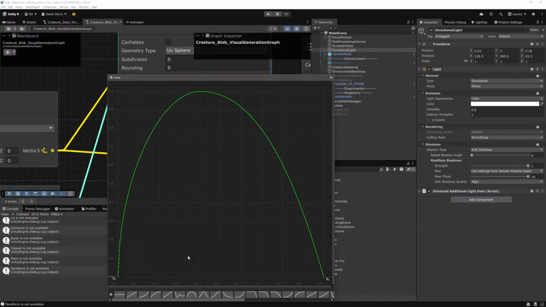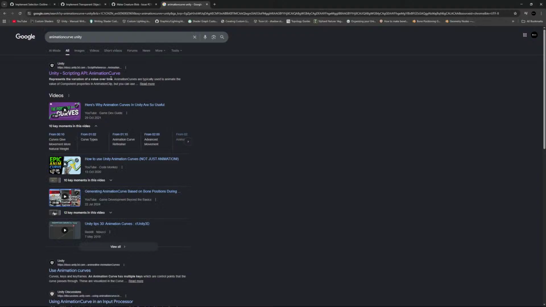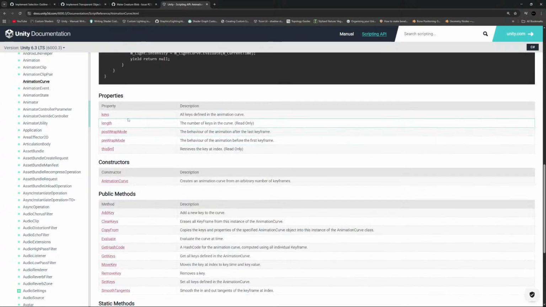what is the word? Keys, keyframes, key points, I don't know. Okay, let's just refer to a keyframe.